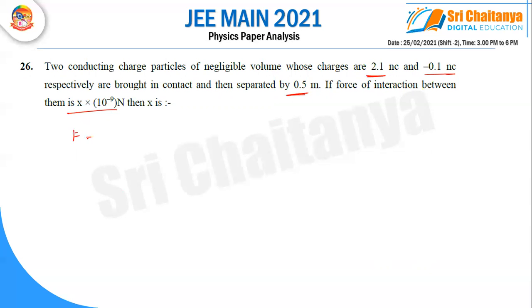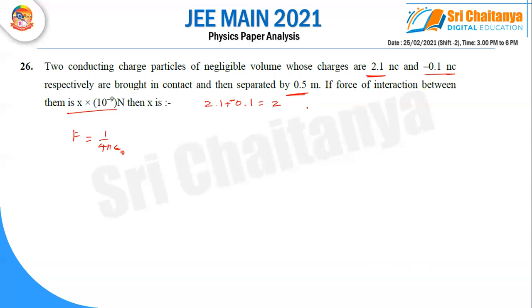Now, this is Coulomb's force, I'll apply 1 by 4 pi epsilon naught. Now 2.1 minus 0.1 will be 2 nanocoulombs, evenly distributed between these two after getting separated. 2.1 plus minus 0.1 will be 2.